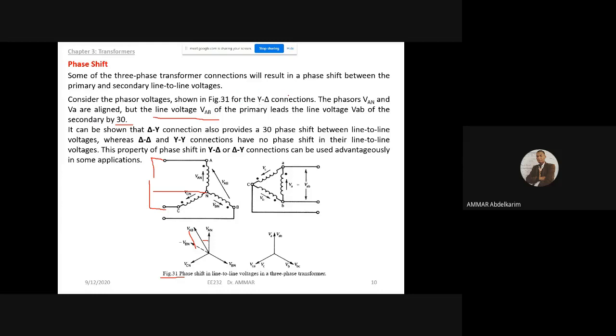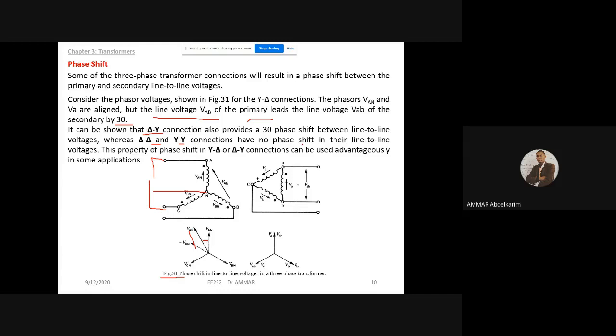So the Y-delta connection provides a shift of 30 degrees, and the delta-Y connection also provides a 30-degree phase shift, line-to-line voltage.